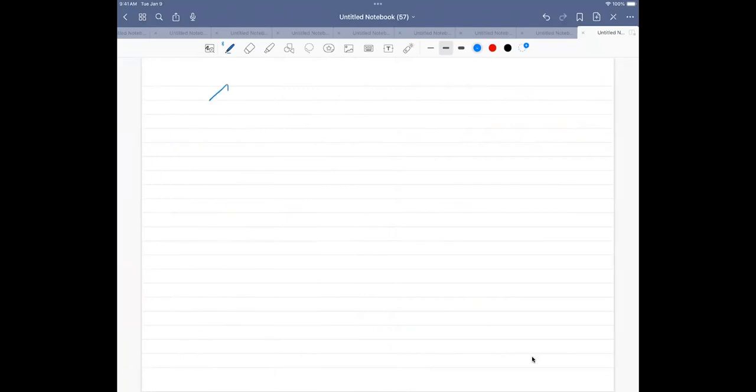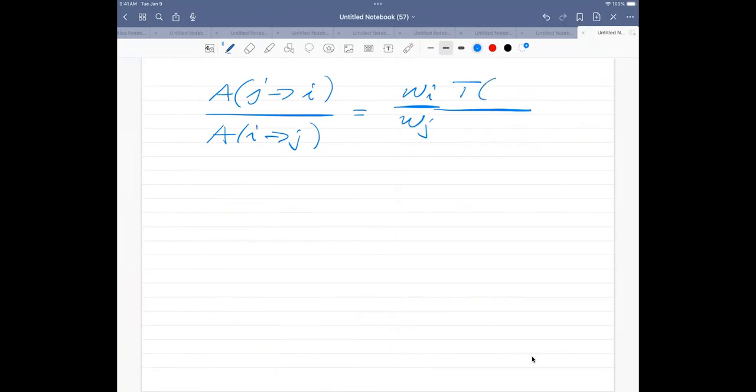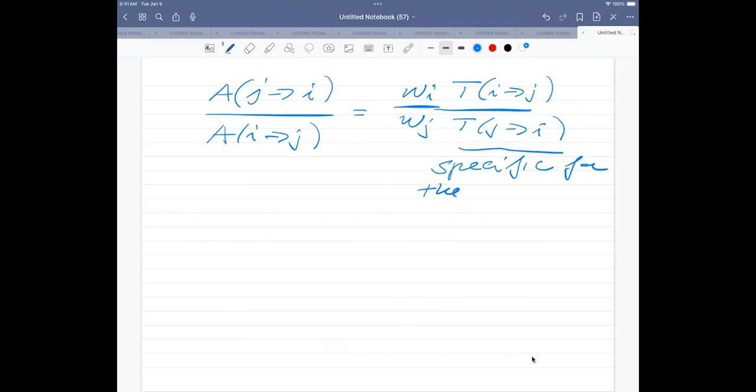So what we have is a ratio between transition probabilities, and that is the probability of going from j to i divided by A of i goes to j, so going back again, and that is going to be equal to Wi, which is known, over Wj, and this is T of i goes to j over T of j goes to i. So this is where we would bake in physics for the specific cases which we are looking after. So this would normally be specific for the given physics case.